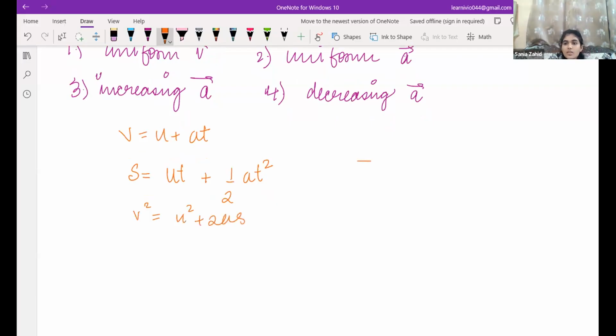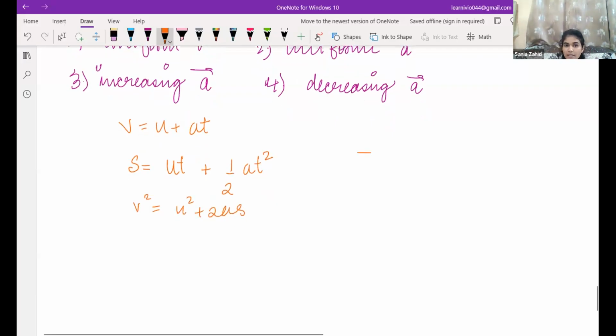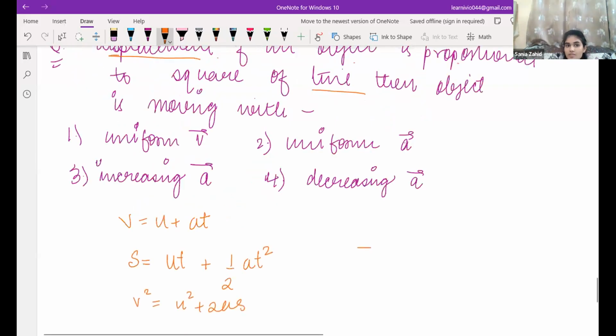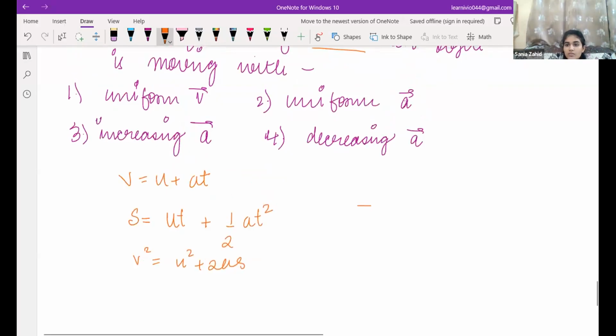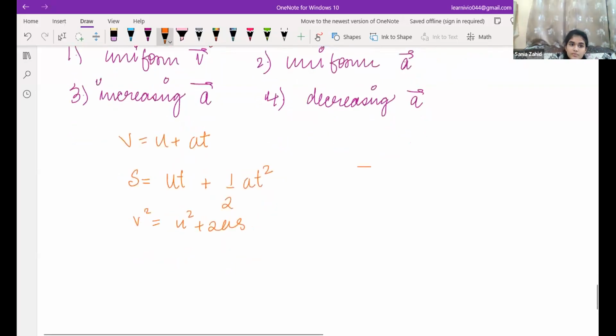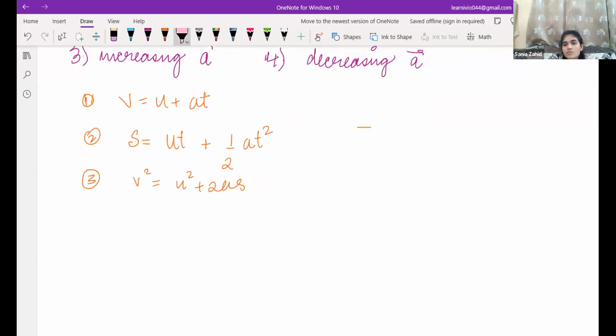Now what happens? Can you look at the formula and tell me which one of them has displacement also and time also? The first, second, or third one? The second one.